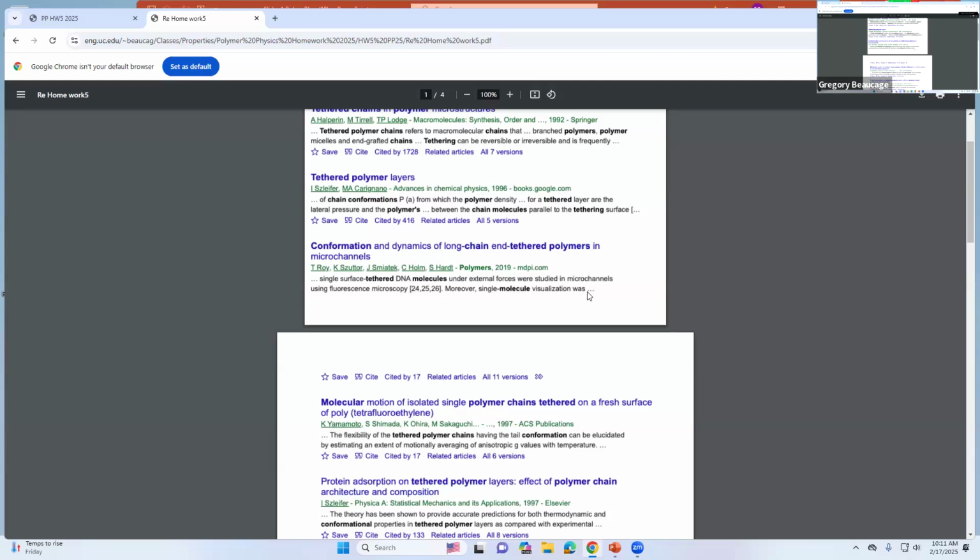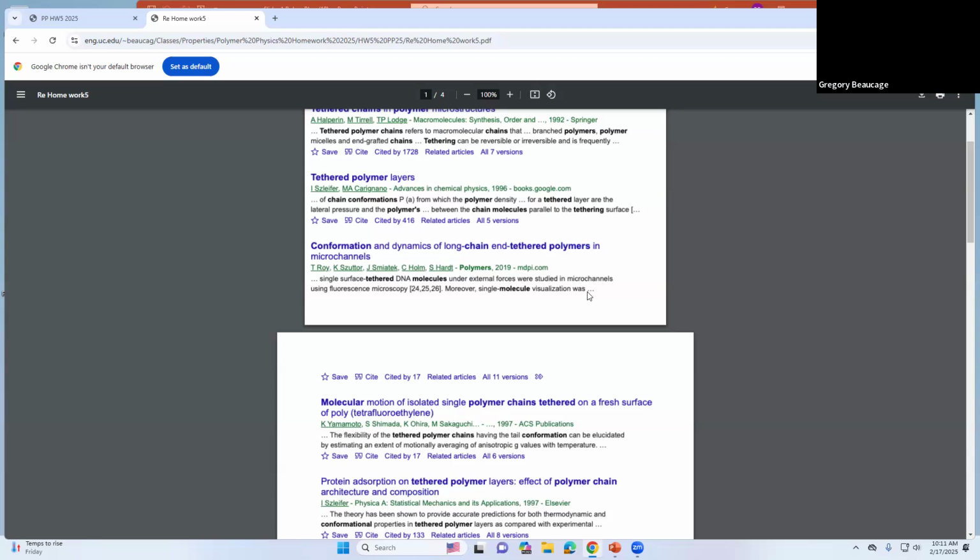In this case, they're not doing end linking, they're doing total linking, right? There's not that many people that look at that because it's a devastating effect. Normally you have a surface and you want to put polymers on it, and it's kind of like a brush, but on a 2D surface.